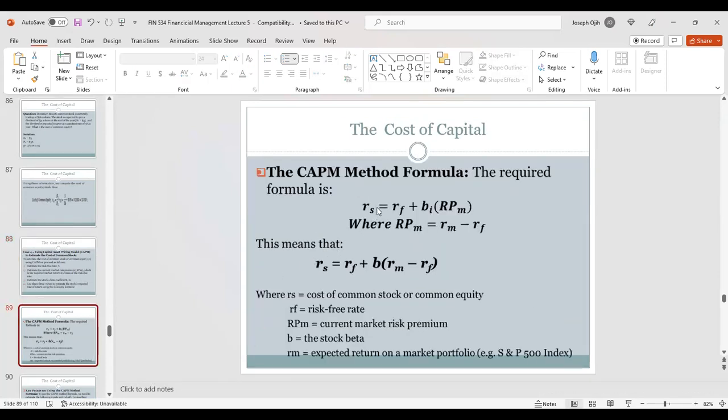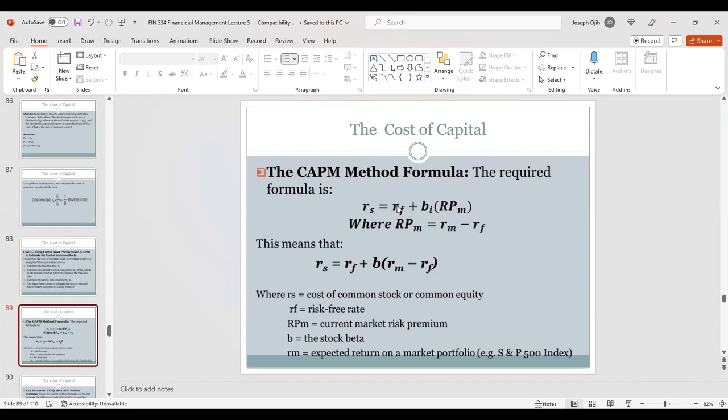Using that, we can use this formula. There are two formulas. Either you use this one, r_s equals r_f plus beta times RPM, where RPM means the current market risk premium and r_f represents the risk-free rate.